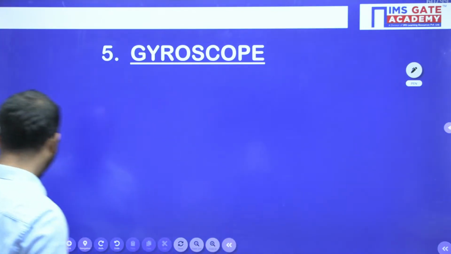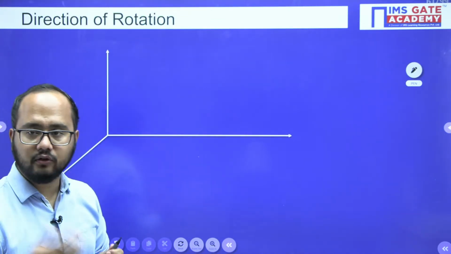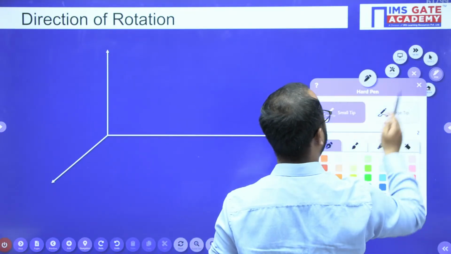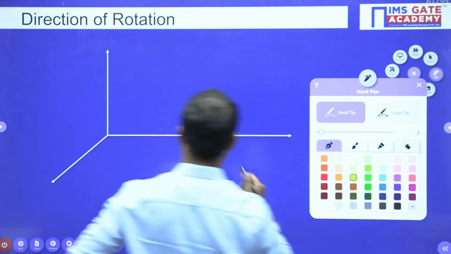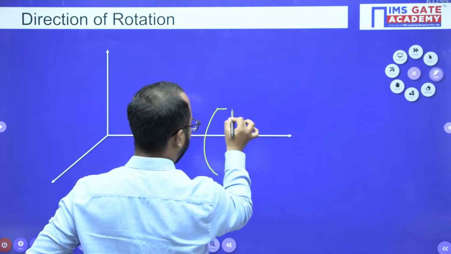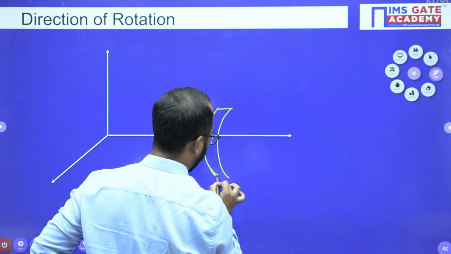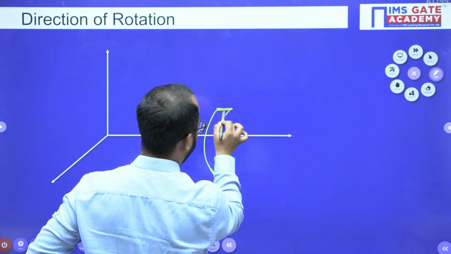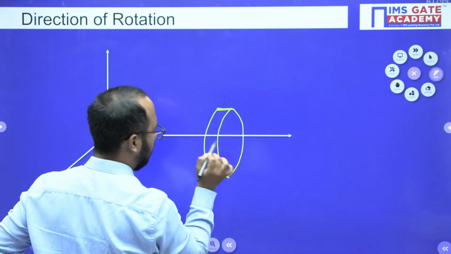Okay, now we'll see how we can discuss the gyroscopic couple. So first, direction of rotation, right? See how we can identify the direction of rotation, everyone. Let's suppose there is a rotor here.